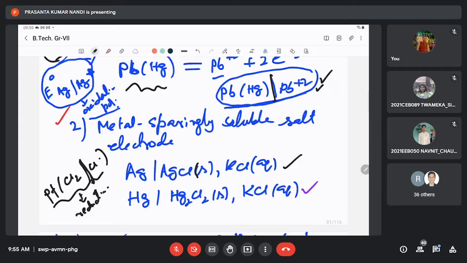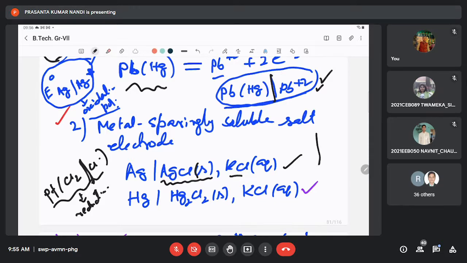That means the silver metal plate at the bottom has its surface covered with a solid silver chloride deposit, and this whole system is put in an aqueous solution of KCl.